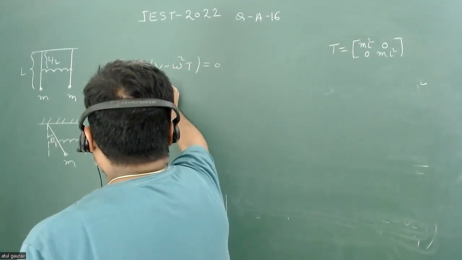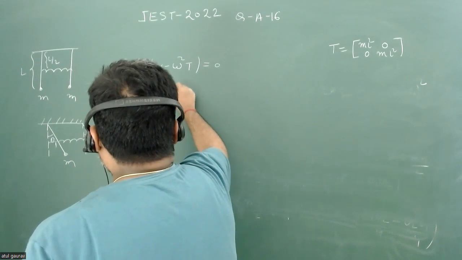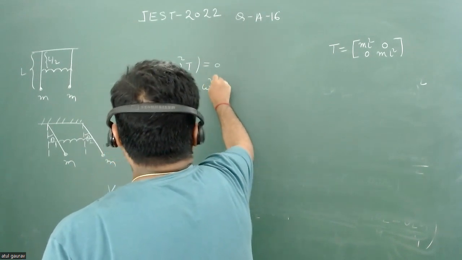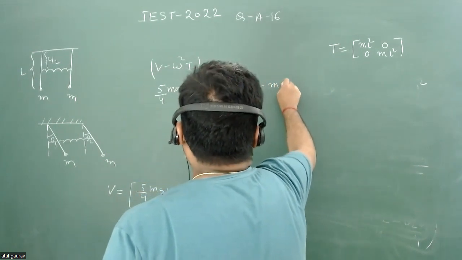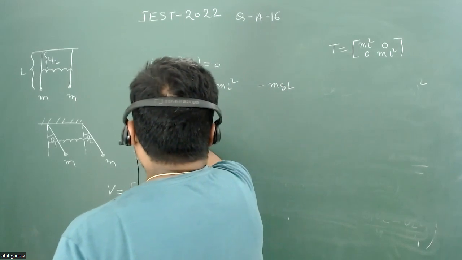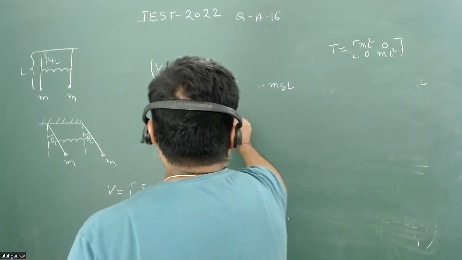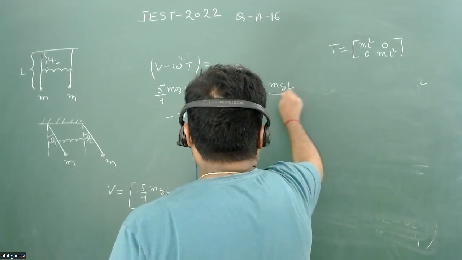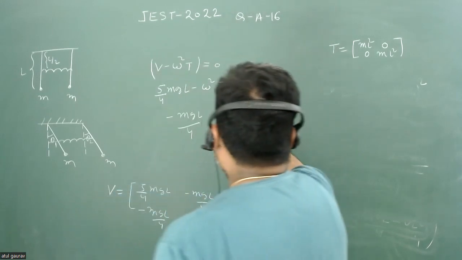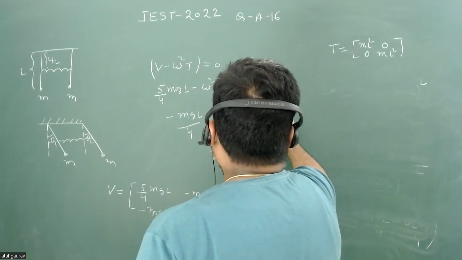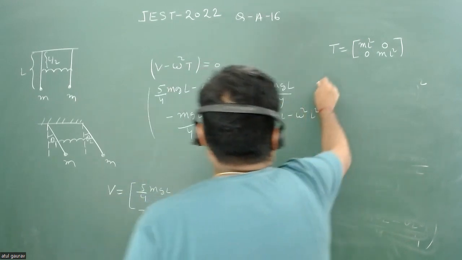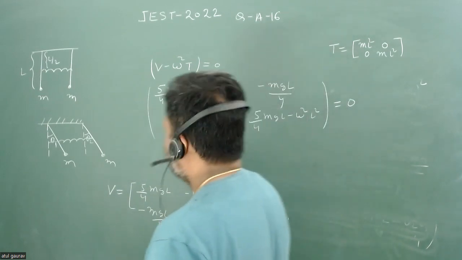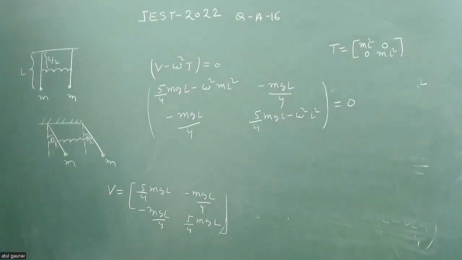So we have 5 by 4 mgl minus omega square ml square, minus mgl by 4, minus mgl by 4, and 5 by 4 mgl minus omega square ml square, and this determinant will be 0. So now we have to solve this. This is a very simple determinant.